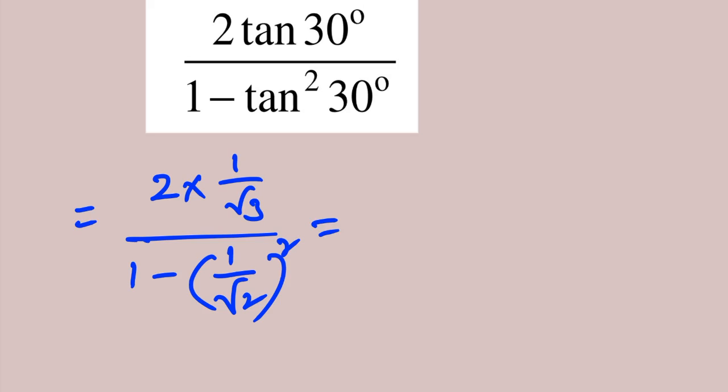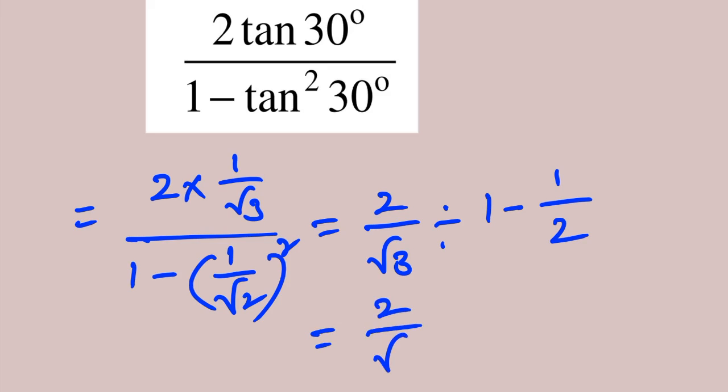Then the simplification part. Generally 2 into 1, 2 by root 3, and here I take the division symbol, and 1 minus 1 by root 3 whole square, the square and square root get cancelled, finally 1 minus this one we are getting.